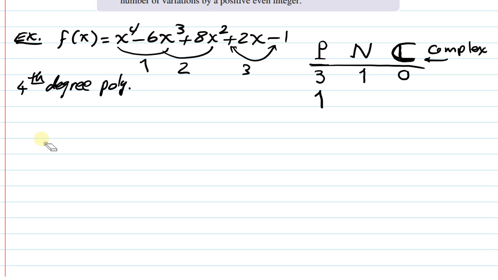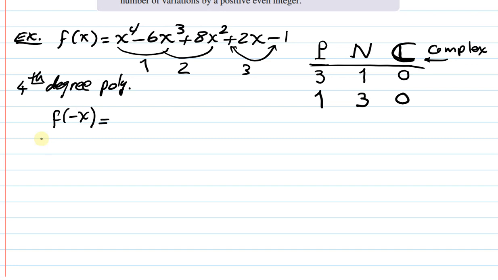I could have 1 negative, or I could have 3 negatives and no complex, because this is a 4th degree polynomial, right?